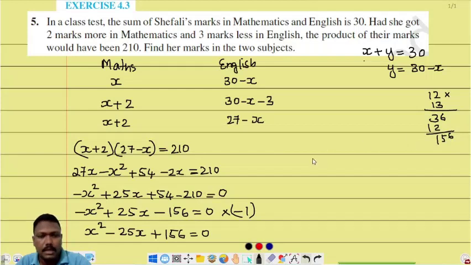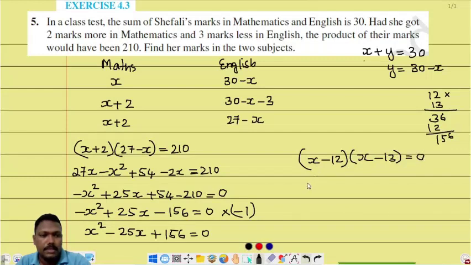So the numbers are 12 and 13, and both will be negative. So we can factorize that using the formula x plus a into x plus b. So we will get x minus 12 into x minus 13 equal to 0.